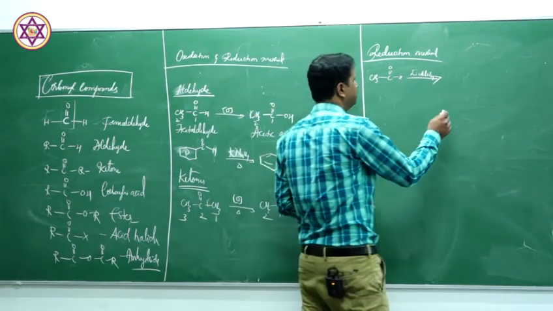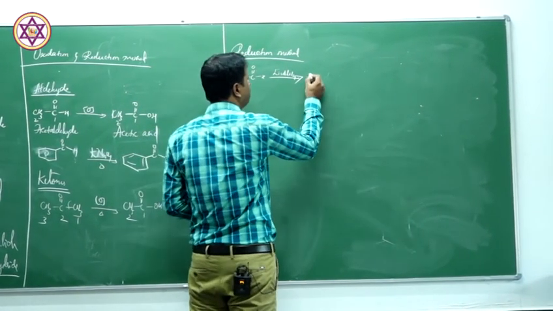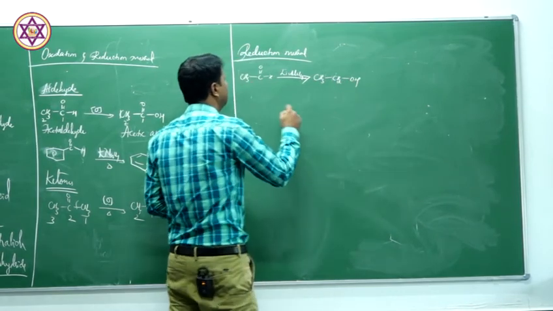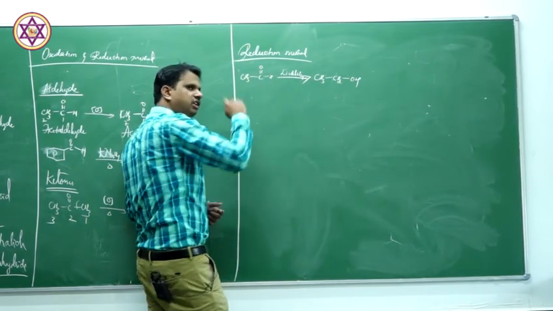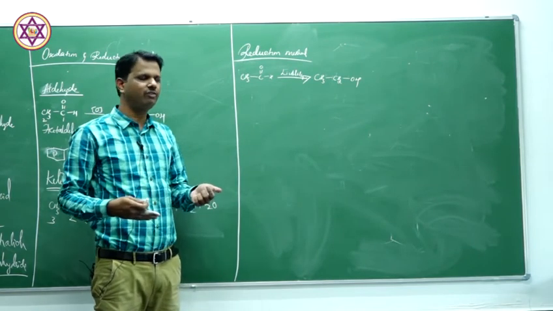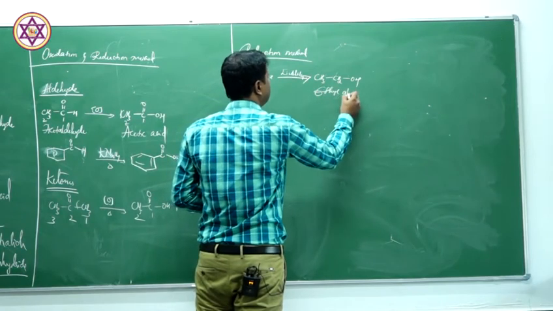Reduction is nothing but addition of hydrogen. Aldehydes are converted into primary alcohols, CH3CH2OH. That means you have removed this oxygen here. Removal of oxygen and addition of hydrogen, both are called reduction itself. So, in this case, we got ethyl alcohol.